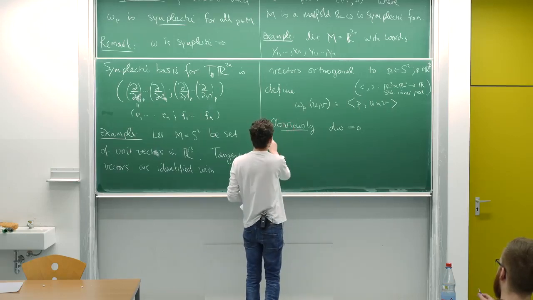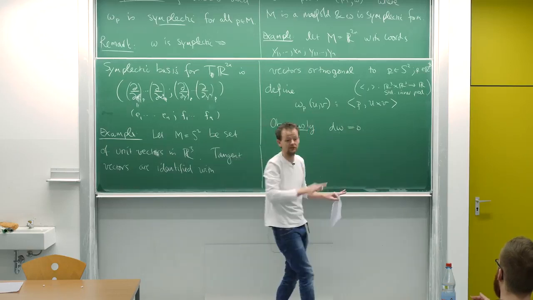Okay, all we have to check is whether this is non-degenerate, and then we have a symplectic two-form.